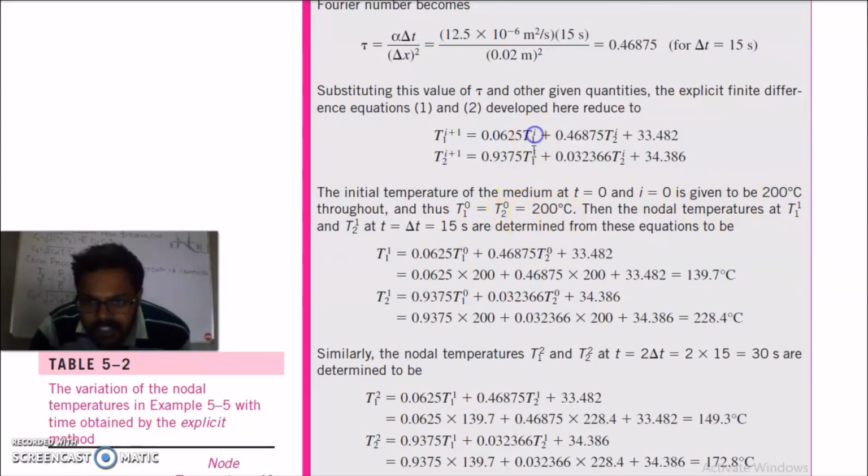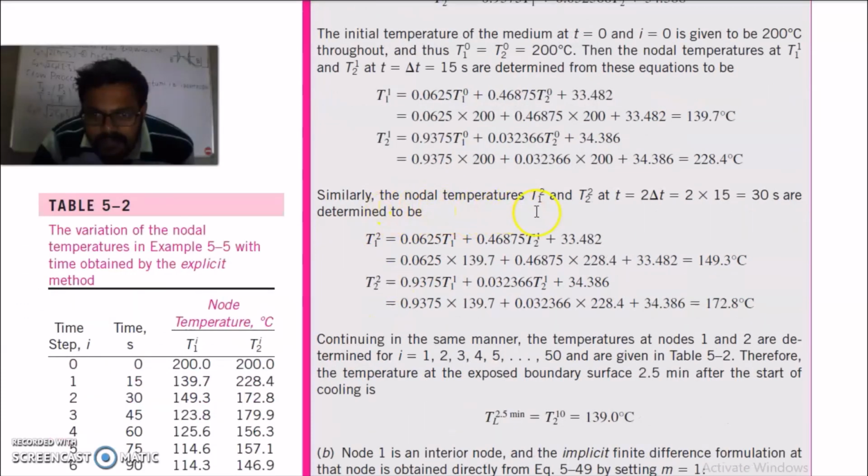So put here I equal to 0 in this equation and you had this value T10 and you had value T20. You will get this equation. You will get T1 1 temperature 139 and T2 1 temperature, means after 15 seconds you had the temperature at the first node and at the second node.